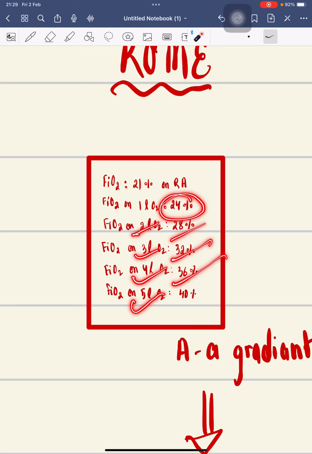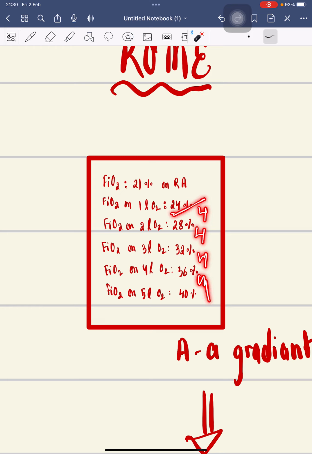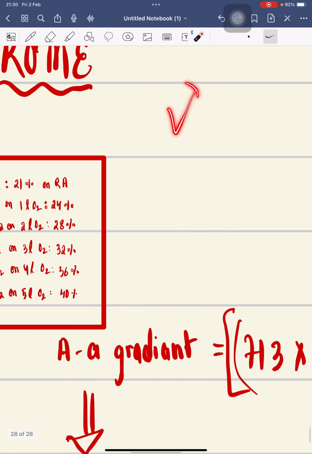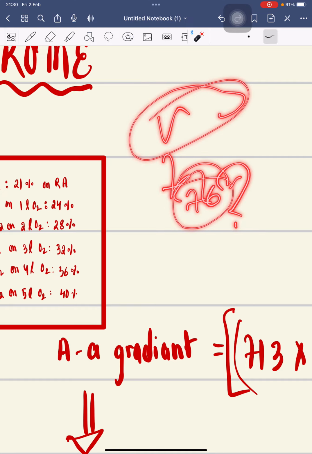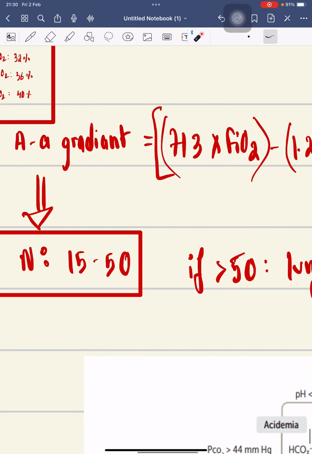And if 5 liters, 40. We can memorize it, we add 4 in every step. 24, 28, 32, 36, 40. But in case we keep the patient on ventilation, it becomes about 60 to 70%. This level we can see on our ventilation machine.